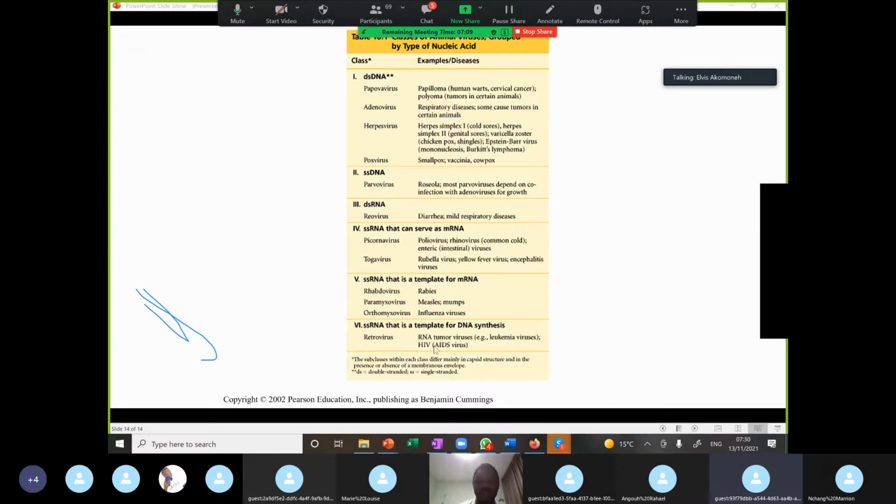And the third classification is a single-stranded RNA virus that uses its own nuclear material to serve as a template for the synthesis of a DNA. So when this virus infects a host cell, it uses its own nuclear material, which is a single-stranded RNA, to direct the host cell to synthesize a DNA from it.